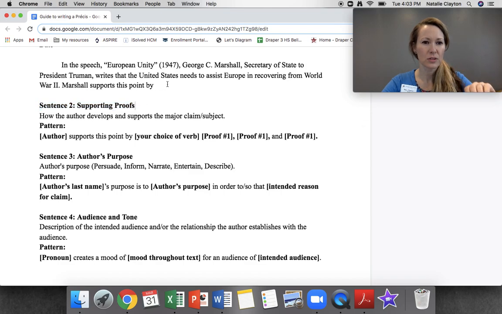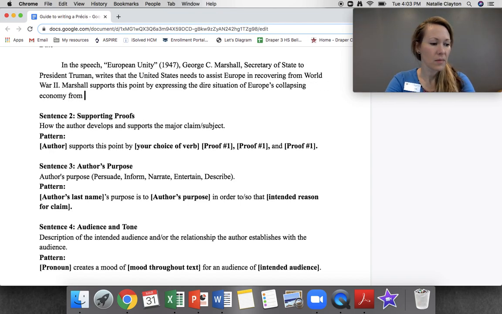Supporting proofs. Okay, so Marshall supports this point by expressing the dire situation of Europe's collapsing economy. From farmers who have, and then this is where I'm quoting directly, withdrawn many fields to lack of trade.